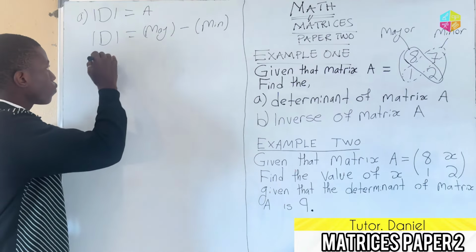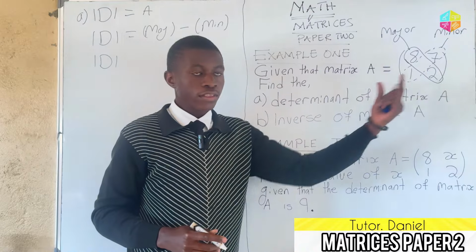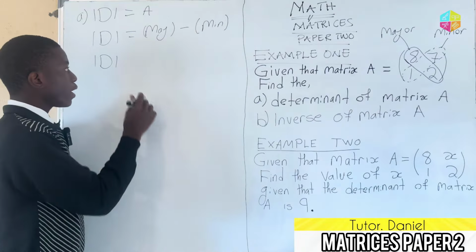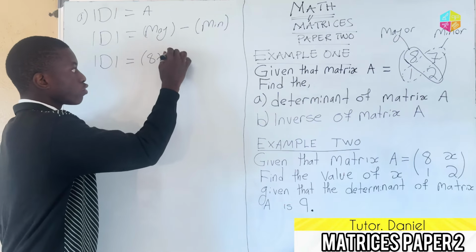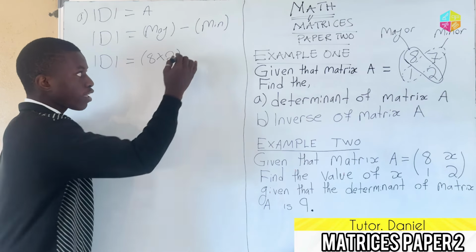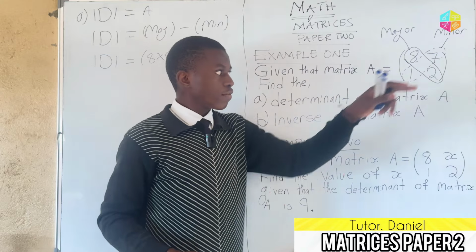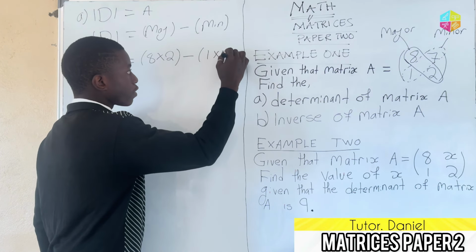So what we need to do first, locate where your major diagonal is in the matrix that you are given. So our major diagonal here is 8 and 2. So I'll multiply 8 and 2, 8 multiplied by 2, close brackets. We subtract our minor diagonal, which is 1 and 7 over there. So here I'll multiply 1 times 7.